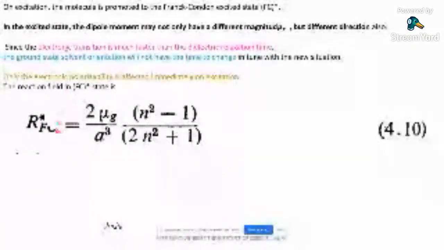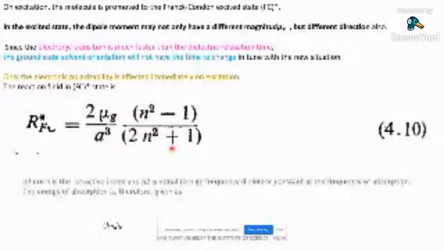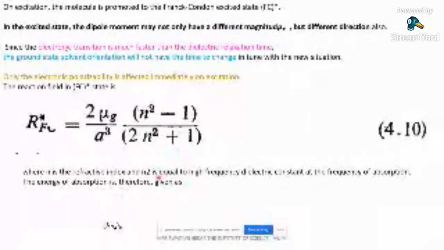So the reaction field in the Franck-Condon state, in addition to the R0 we have already seen, will be equal to 2 mu g upon a cubed, n squared minus 1 divided by 2 n squared plus 1, where n is the refractive index, and n squared is equal to the high frequency dielectric constant at the frequency of absorption.